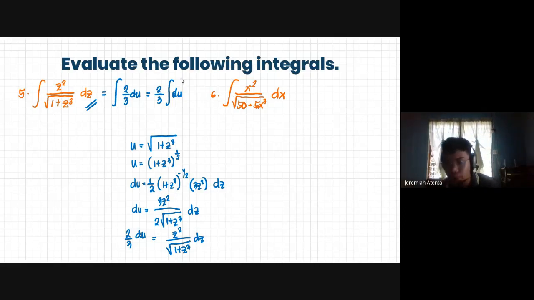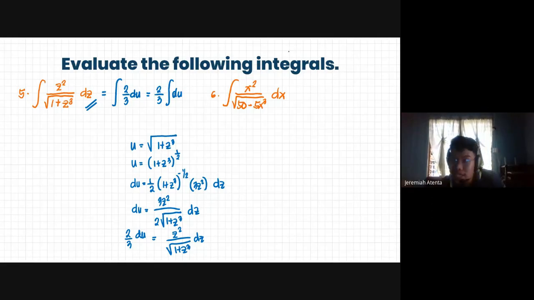du squared over 2? Wala tayong u dyan. 1 yung number dito. 1 du. Ano ba yung function na may derivative na 1? X. Di ba x? Di ba the integral of dx is equal to x plus c, if you can still remember.